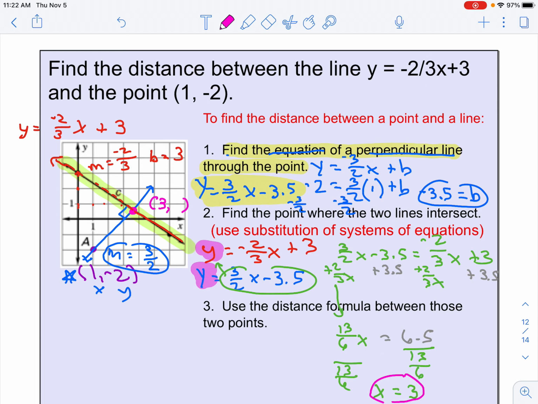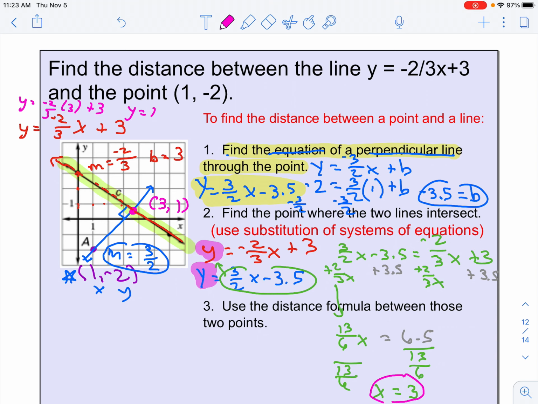I don't know which equation will be better. I'll just plug it into this one right here. So I would have y equals -2/3 times 3 plus 3, and that gives me a y value of 1. So y equals 1. So now I know that ordered pair is (3, 1).